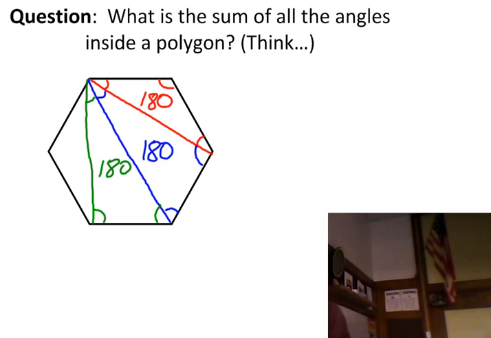And then there's that last triangle over here. So in those 4 triangles, the 3 angles in each one make up 180 degrees.